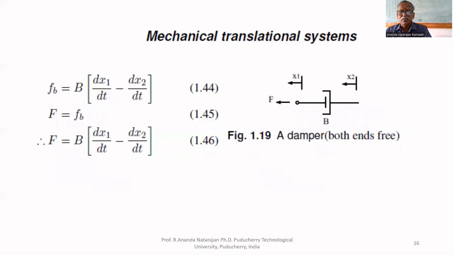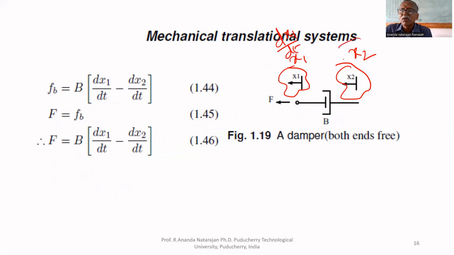The third case is a dashpot with both ends free. One end is moving with a displacement of x1. Another end has a displacement of x2. So what is the velocity of this end? dx1 by dt. What is the velocity of this end? dx2 by dt.